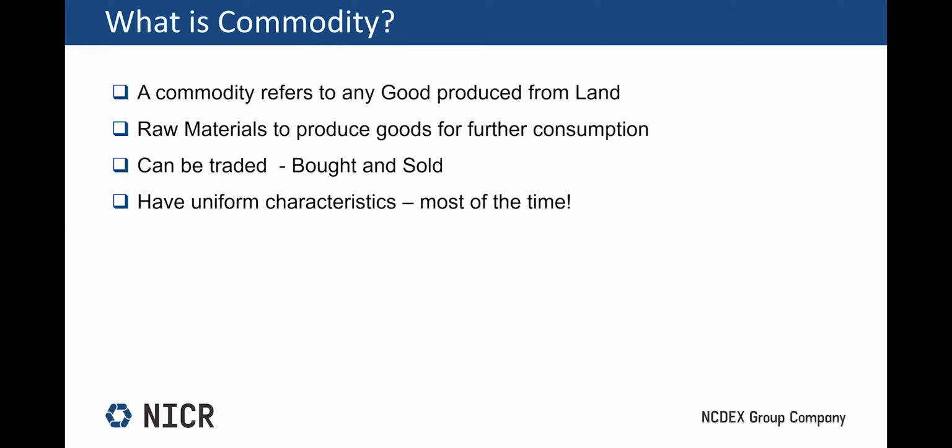So wheat grown in Punjab may not be very different from wheat grown in MP, or sugar produced in UP or sugar produced in Tamil Nadu may not have hugely different characteristics. They would be more or less the same. Of course, there would be some differences based on certain aspects, but generally they would be the same. So that's why they are known as commodities.